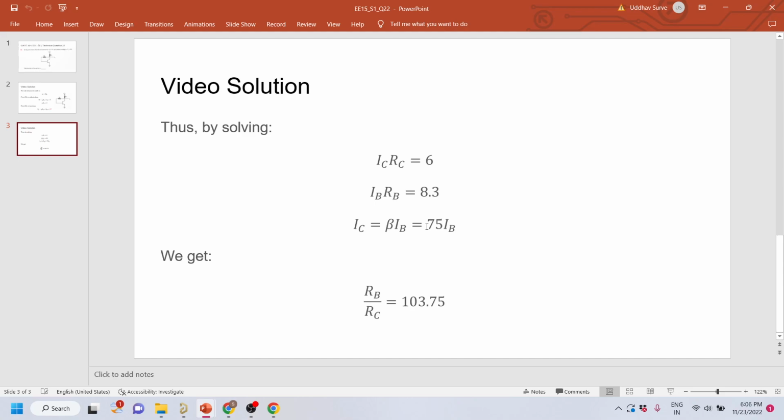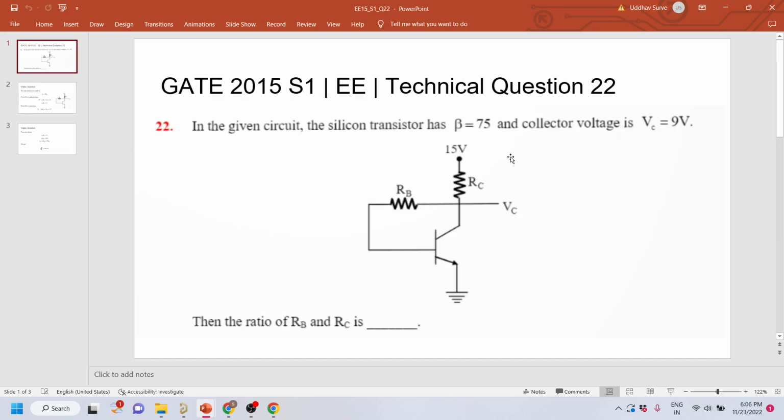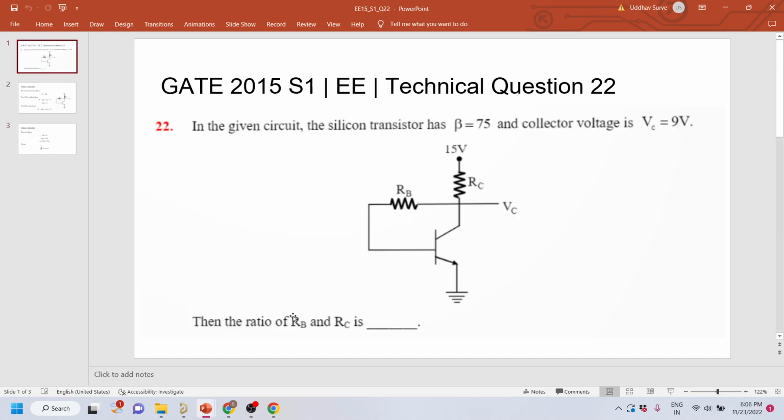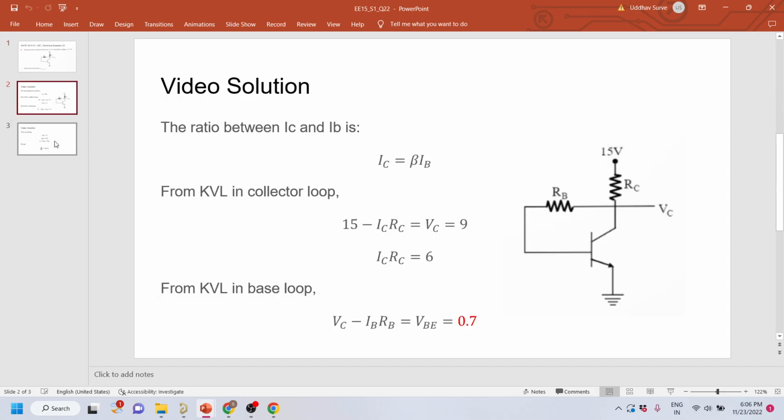One more equation is given in the form of beta, 75, so IC is equal to 75 IB. If you substitute IB as IC by 75 and solve the equations, you will get RB by RC as 103.75, which is the answer to this question.